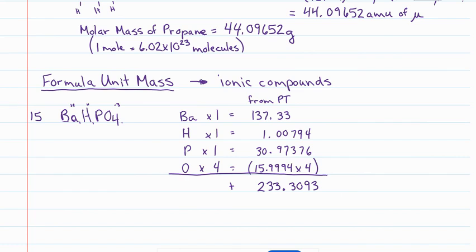And if we look, our barium has the lowest significant figures with 5 significant figures. Everything else has a bit more. So we want to know that we only have 5 significant figures. So we can end up with 233.31 amu, or u.